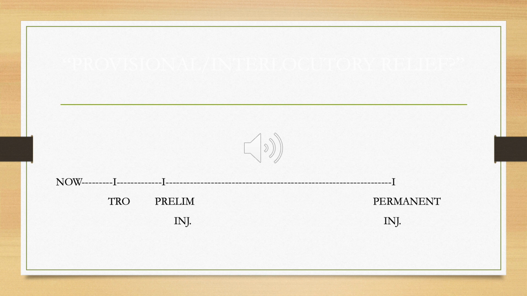And to the extent, as we'll learn, that TROs can happen without notice and ex parte, without the presence of the adverse party, it is essentially a critical thing for courts to be able to come back, right?